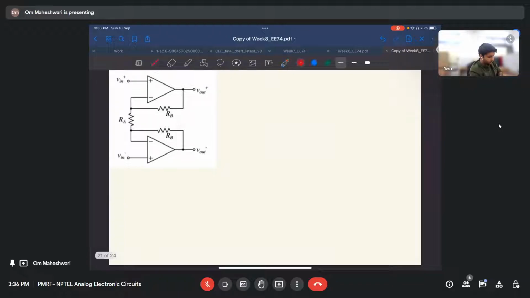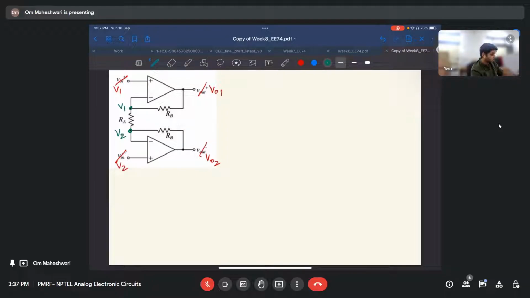So this is the circuit. Let me write this as V1, this as V2, and the outputs VO1 and VO2. For an ideal op amp, by virtual short, this node will also be V1, and this node will be V2.